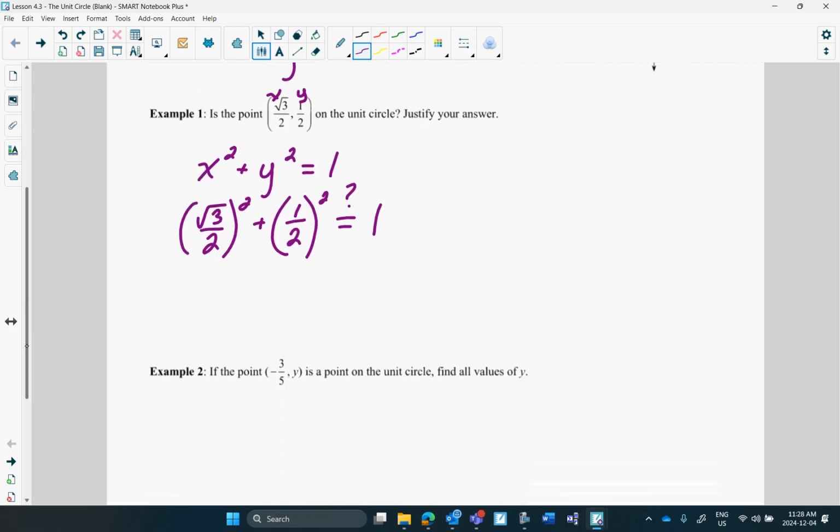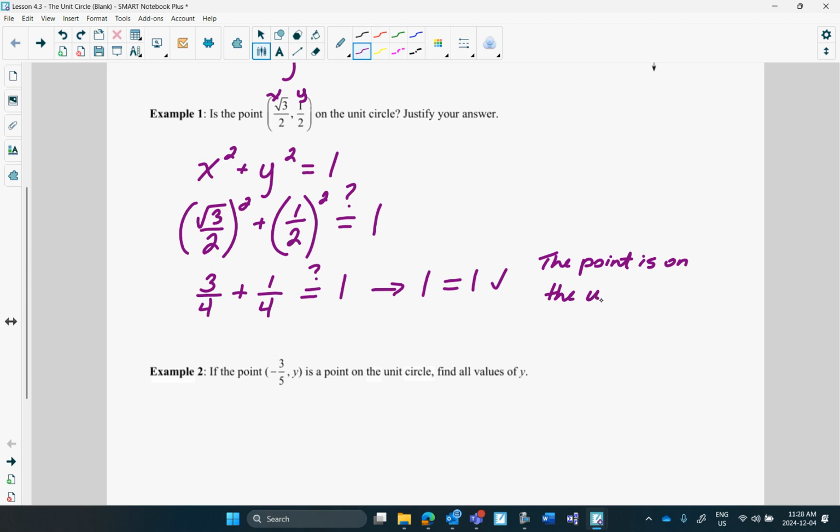Well, what is root 3 over 2 times itself? 3 over 4. What is 1/2 times itself? 1 over 4. Well, 3 over 4 plus 1 over 4 does equal 1. So therefore, the point is on the unit circle. If it didn't equal 1, then it's not on the unit circle.